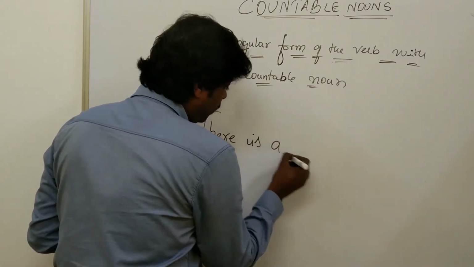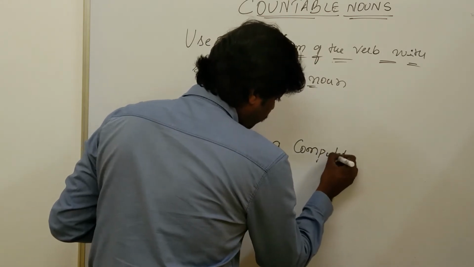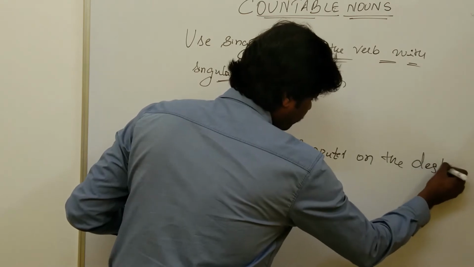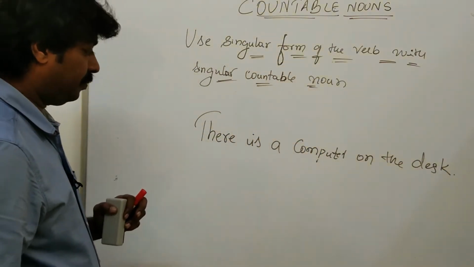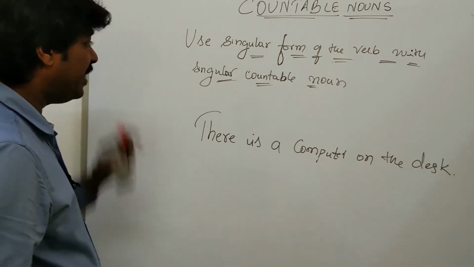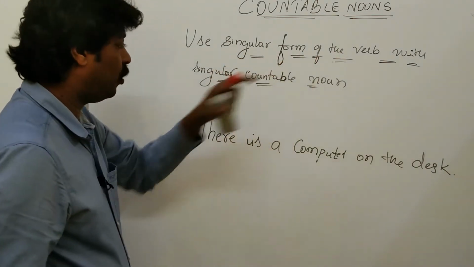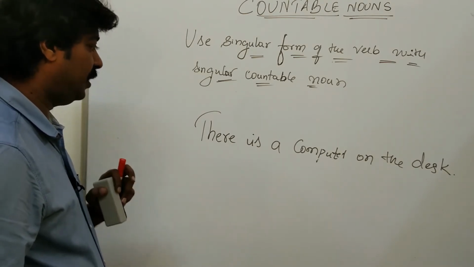There is a computer on the desk. Now here it says use singular form of the verb with singular countable noun. Let's identify the countable noun first.